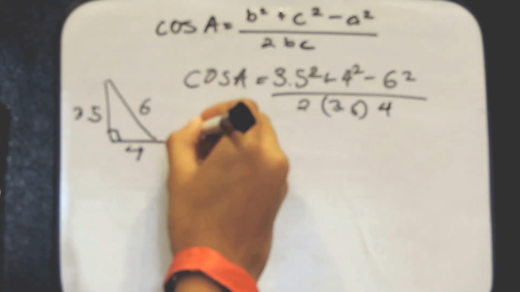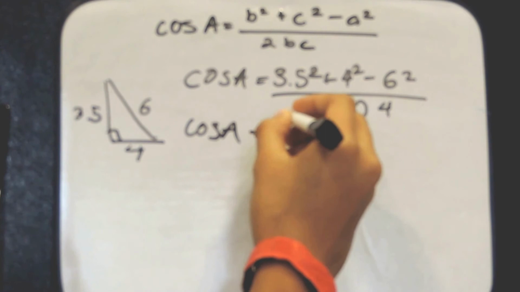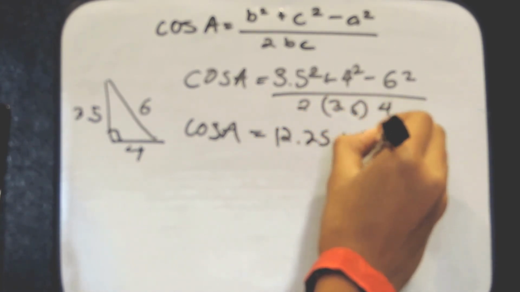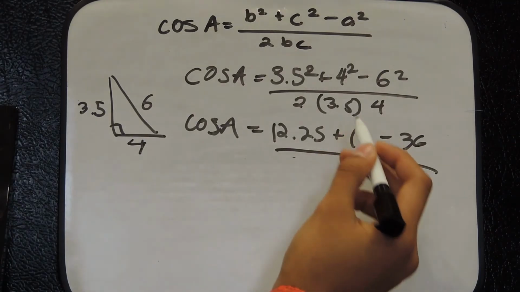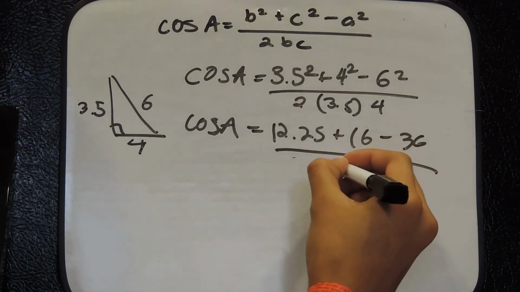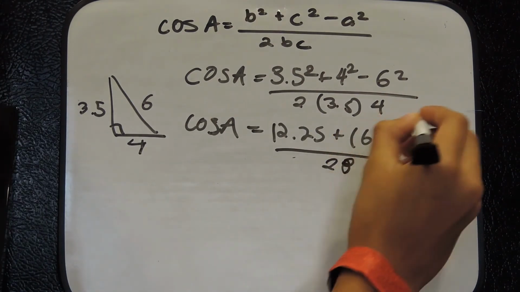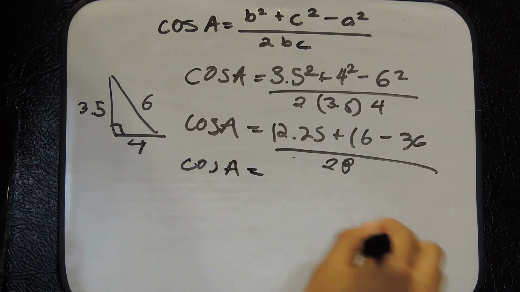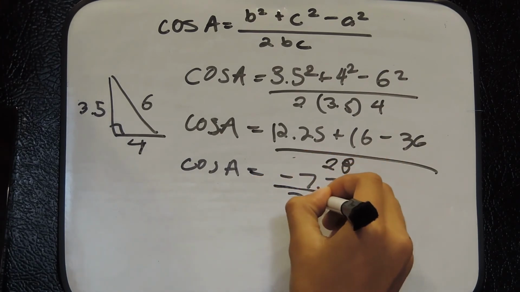So now we'll just multiply all of the numbers up. 3.5 squared will be 12.25, 4 squared 16, and 6 squared 36. 2 times 3.5 times 4 will give us a total of 28. And now we'll add up the whole top row to get us to negative 7.75 over 28.